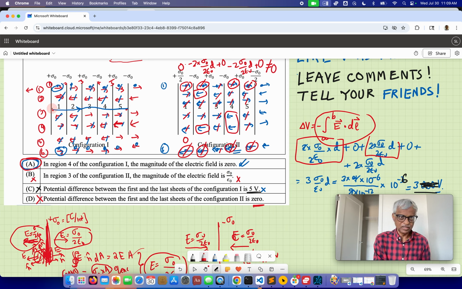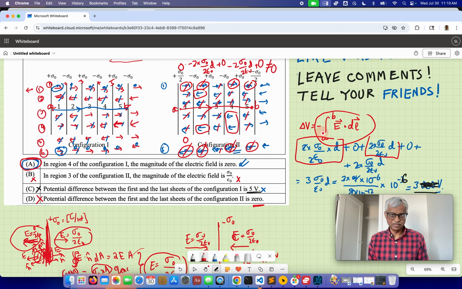As you go from A to a point next to this last plate, same over here, go from A to B, you're capturing small amounts.